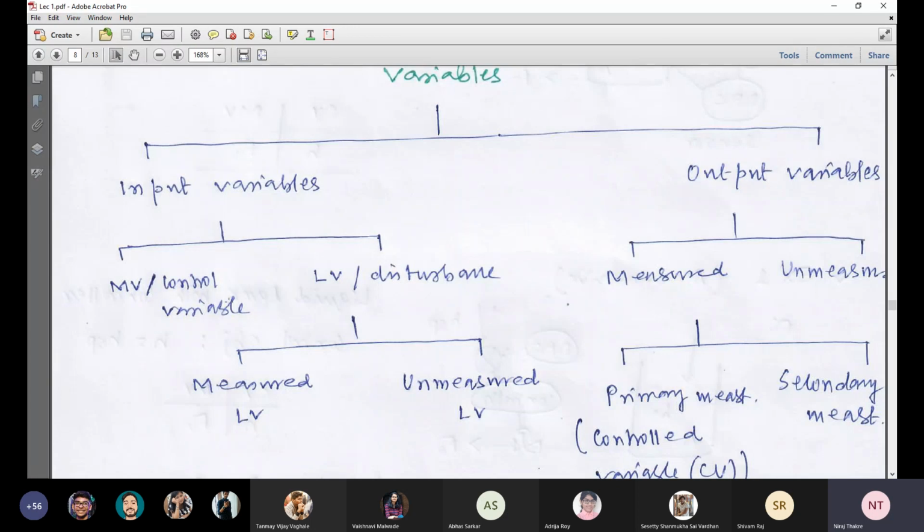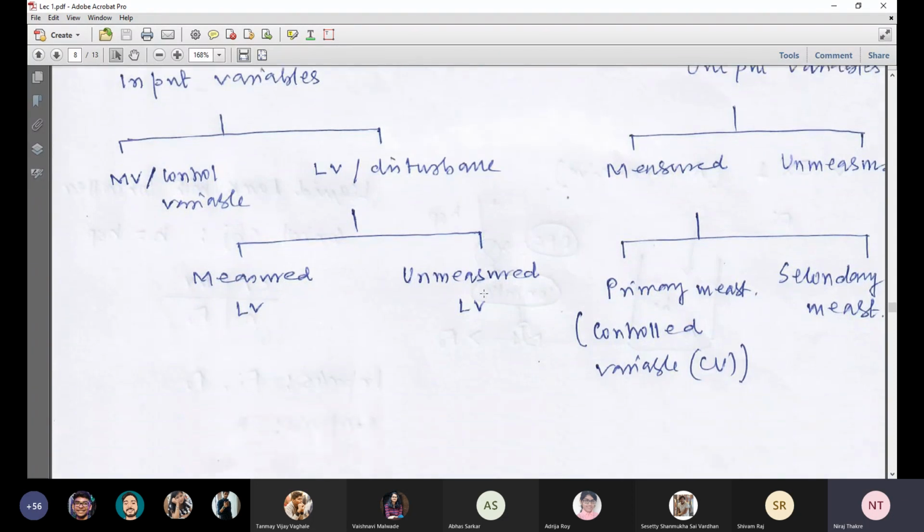These names we cannot find in other courses. That's why I am telling all the time that this is exclusively true for the process control course. Now we will discuss a couple of examples to know all these variables and their uses, one by one, with example systems.